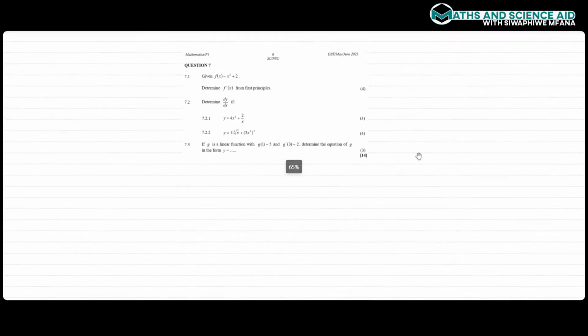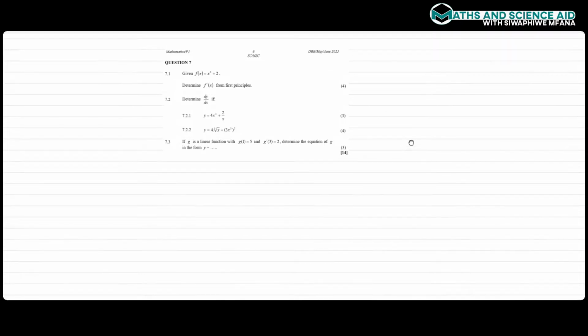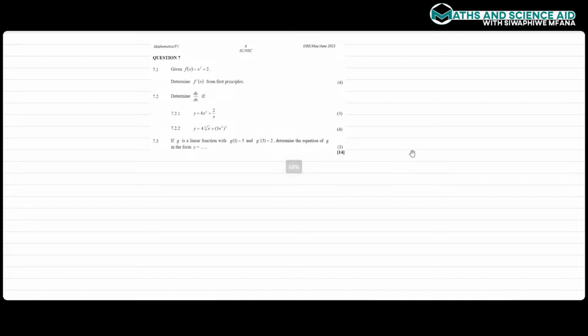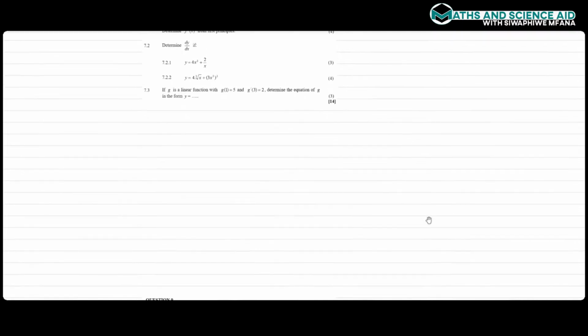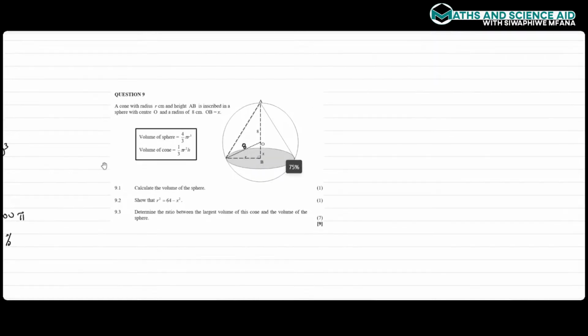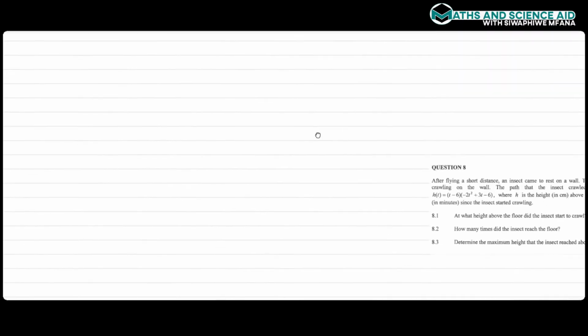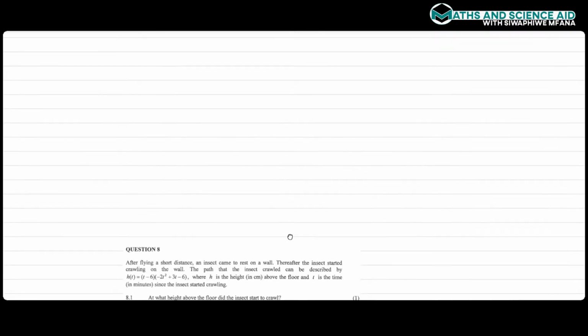But if it's not 2023, you can just check other years, between 2018 up to 2023, the May, June, as well as the end of year exam, the November exams. So this is a good question to practice what you've just learned in the previous question we did.